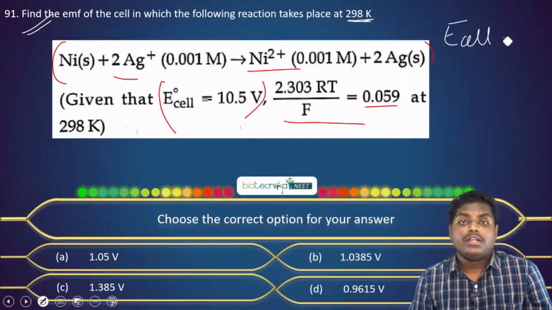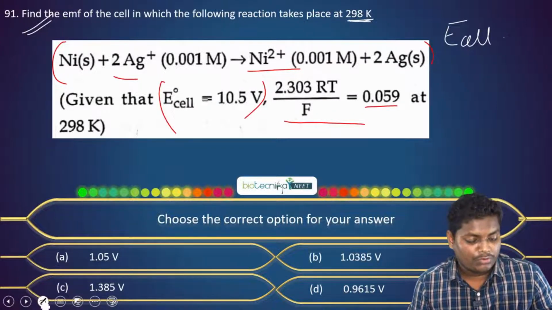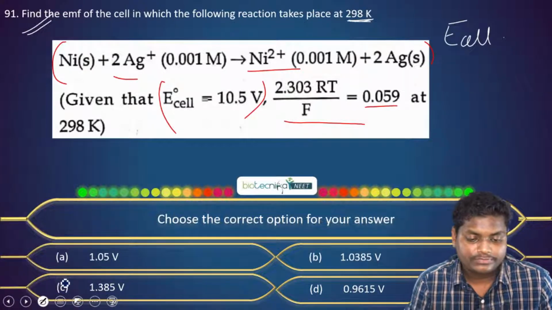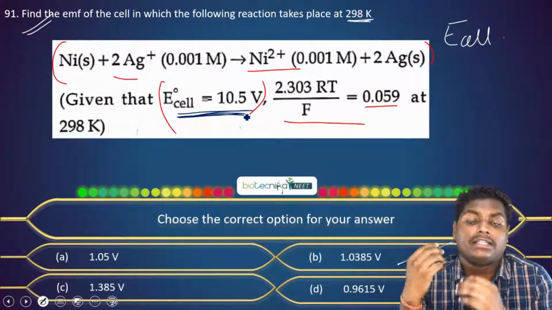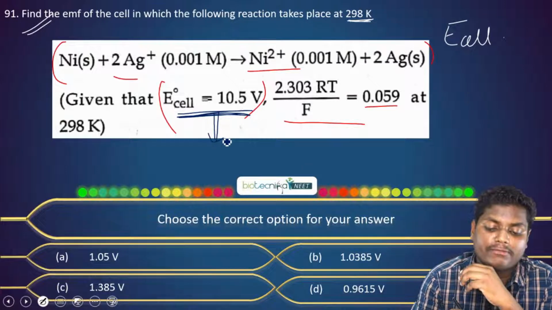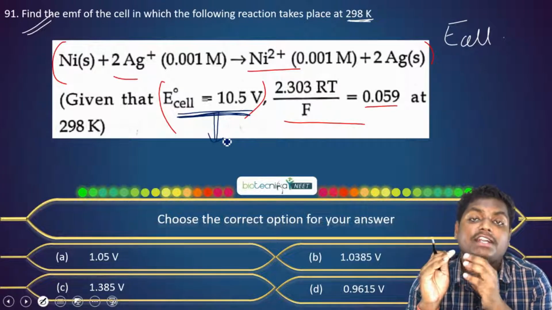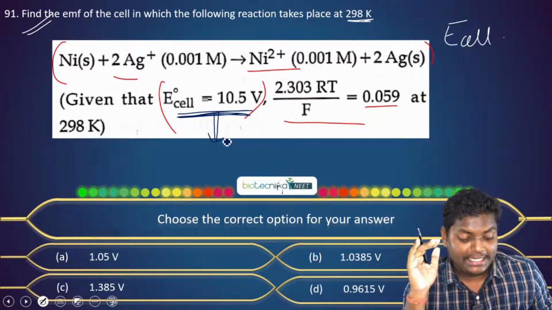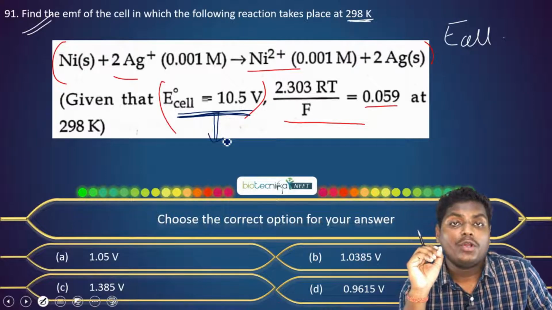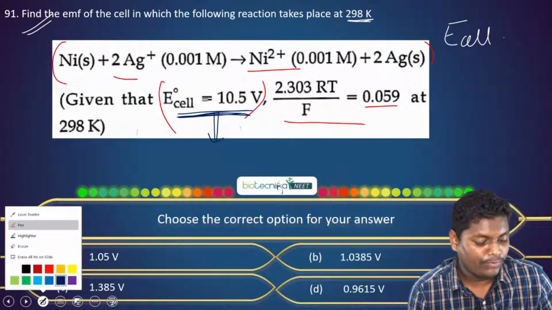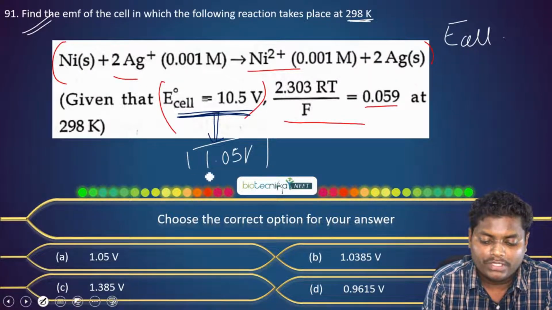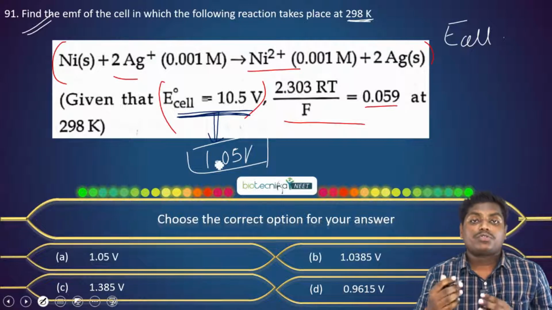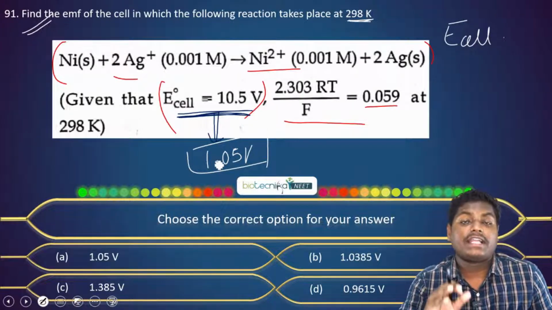Our job is to find it. So before we move into this question, I want to specify one thing: NTA might have made some error in printing this value. If we solve with the value given here, 10.5, you won't get any answer matching the options. The only way to get the answer from the given options is if you take the E naught cell to be 1.05 volt.